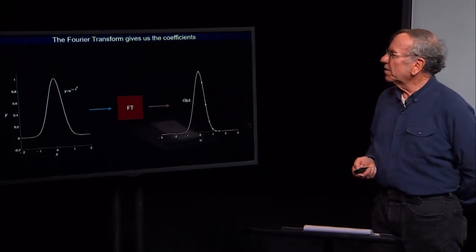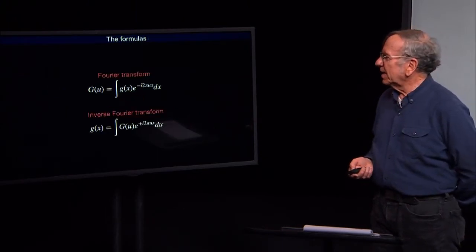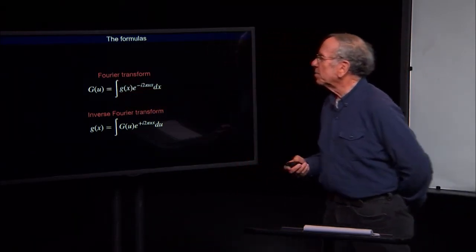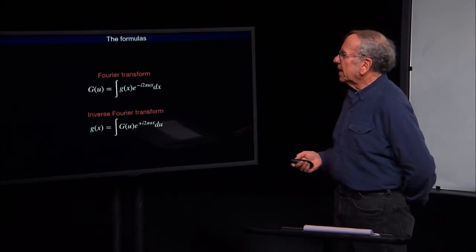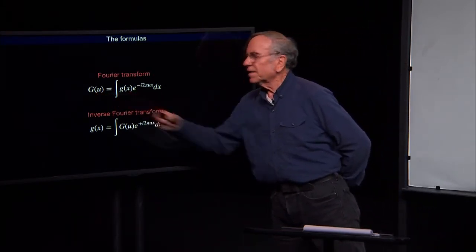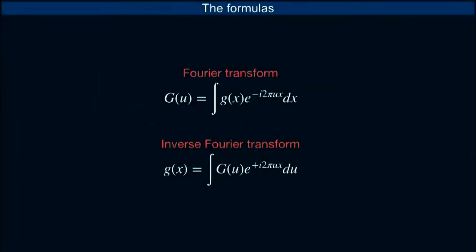Okay, so what is the Fourier transform? Well, it's a big integral. It's an integral from minus infinity to plus infinity. And what it does is it takes a function g of x and converts it into a function big G of u. And the way it does it is it takes an integral over all x values of the original g of x times this complex exponential, e to the minus i 2 pi ux, and integrate it over all x values.